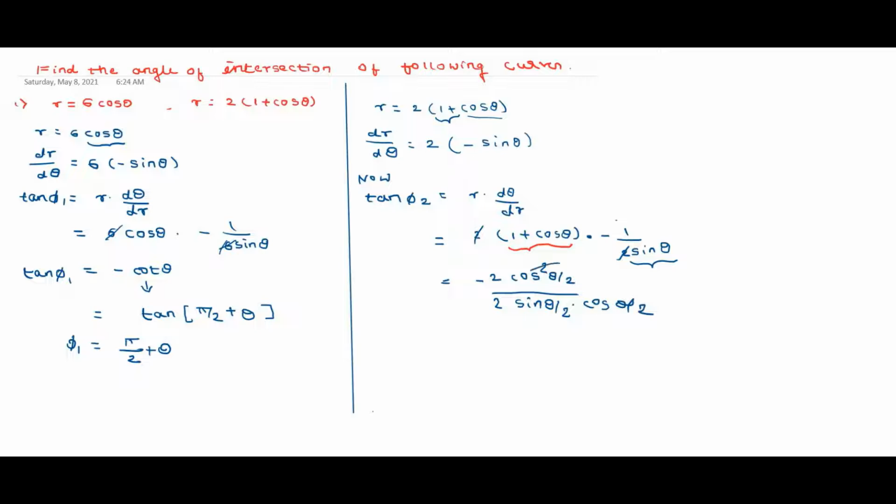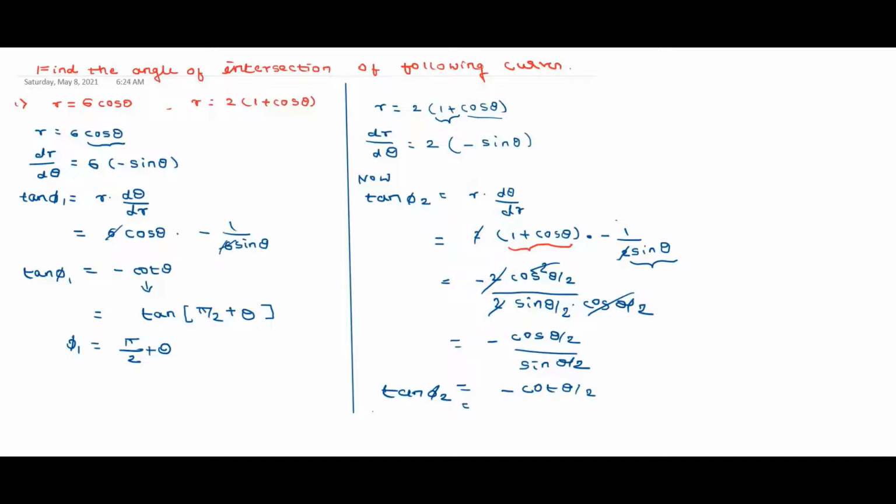Where one of the cos gets cancelled, 2 and 2 get cancelled, so we are left with minus cos theta by 2 divided by sin theta by 2, and cos by sin is equal to cot, so minus cot theta divided by 2. This is the value for tan phi 2.